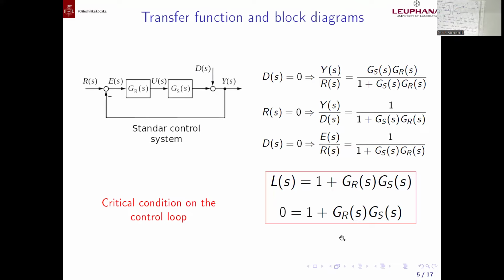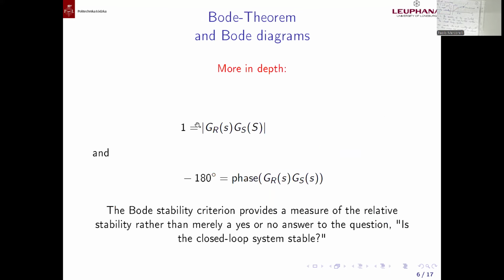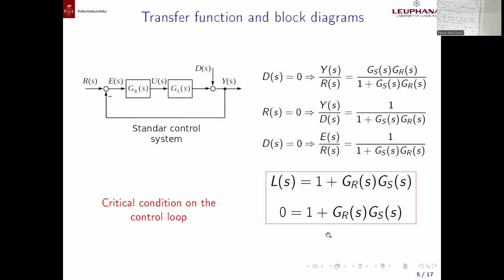Now, when this is zero, the magnitude of this product is one. Why that? Because this expression can be written GR of s multiplied by GS of s equals -1, right? Equal to -1. It's the same.